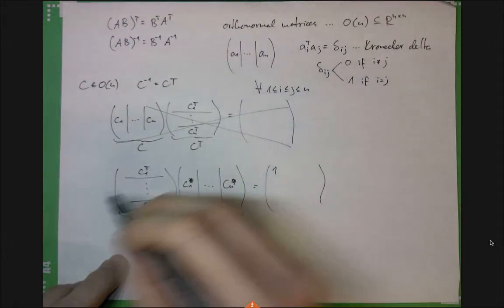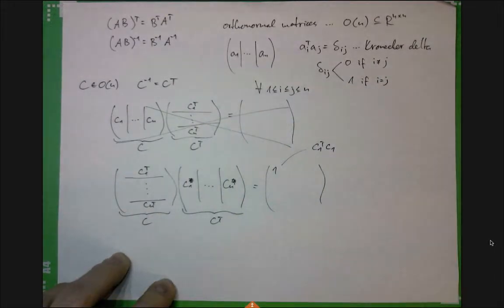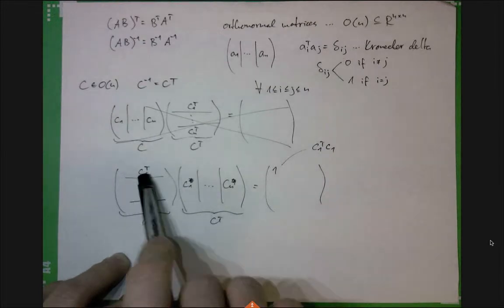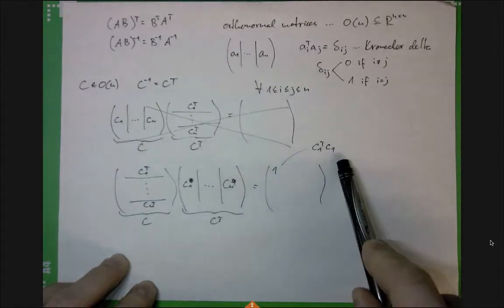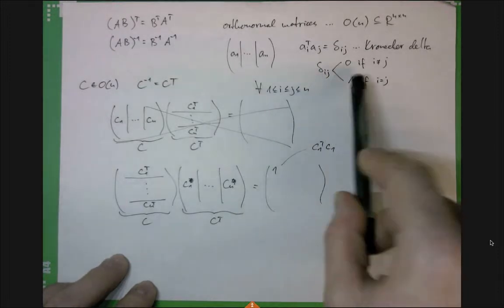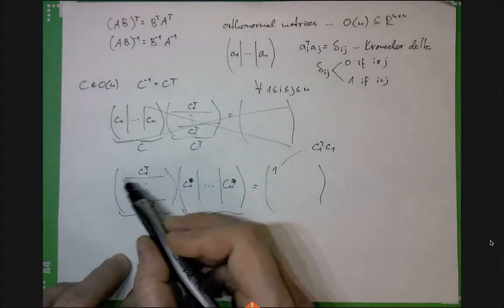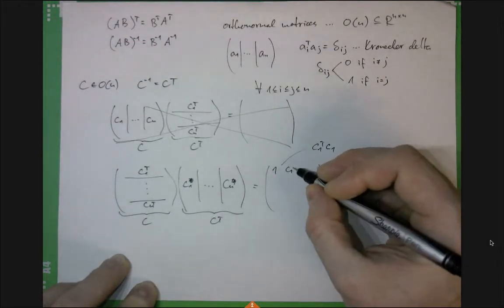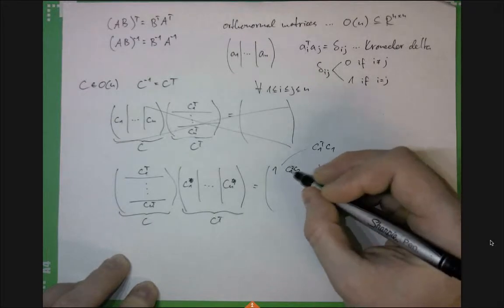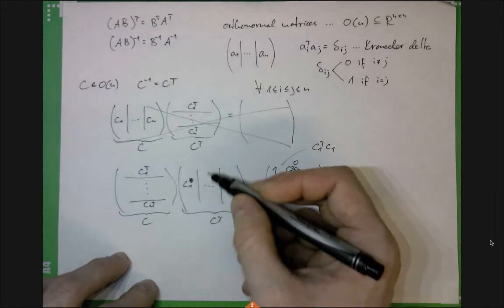Now I'm going to have 1, because here I have C1t, C1. If the matrix C is orthonormal, that means it's the same index, delta 1,1 is 1. All the other entries, like C1t, C2, are 0, and C1t, C3, and so on.